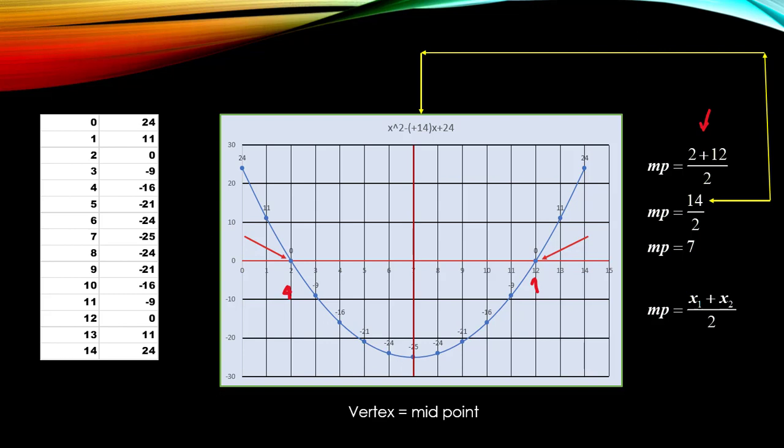The important thing to notice here is that whenever we add the 2 and 12, the endpoints of this line on the x-axis, it comes out to be 14. And if we follow this yellow line up to here, we'll see that the x term in this equation is at 14.